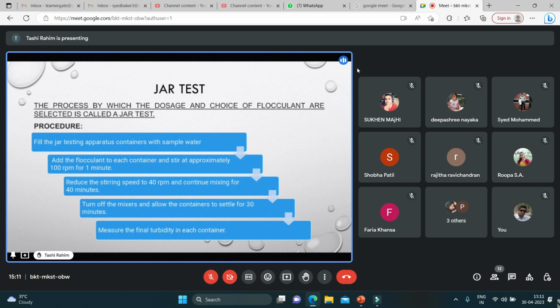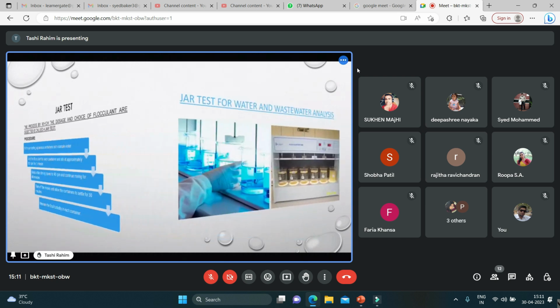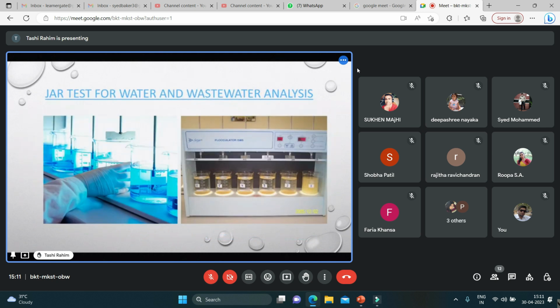For the final step, we measure the turbidity present in each container. This is the pictorial representation of how the jar test is performed. In the second picture, you can clearly see how the flocculated particles are at the bottom of the jars, so that it is easier for separation.